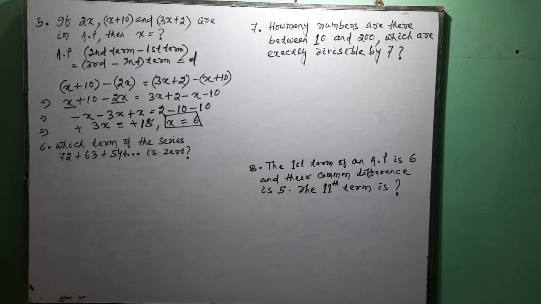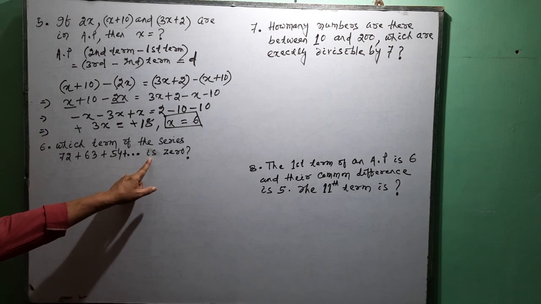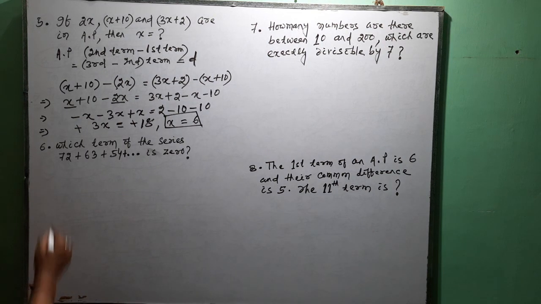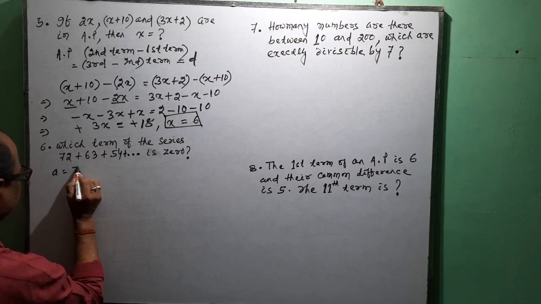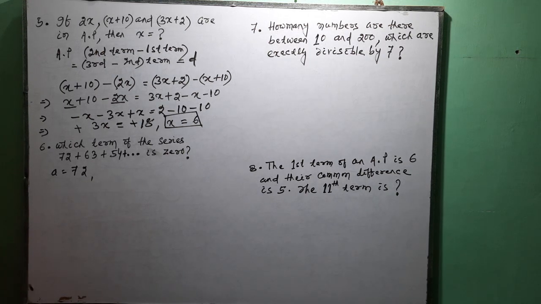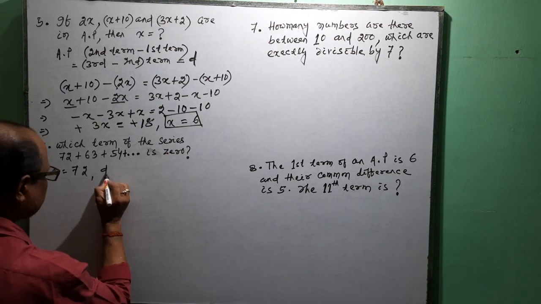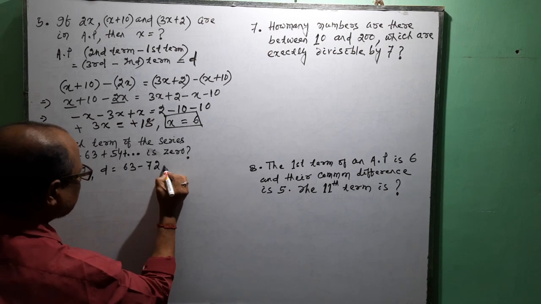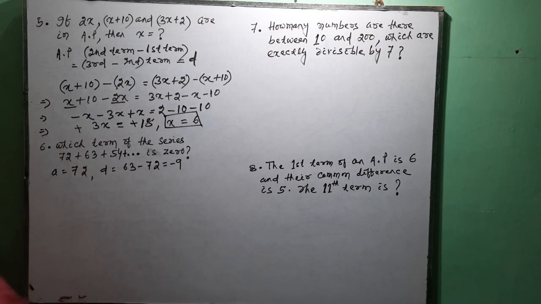Number 2. Which term of the series 72 plus 63 plus 54 plus and so on is 0? The first term A is 72. D is the second term minus the first term, which is minus 9.